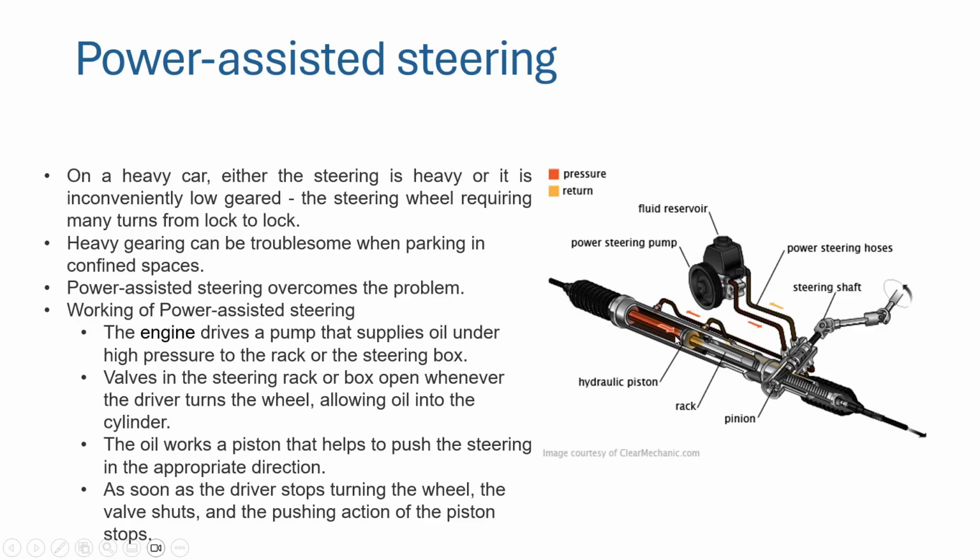So this oil pushed from the reservoir to the piston subsystem produces some extra force that helps move the steering subsystem smoothly with less effort. As soon as the driver stops turning the wheel, the valve shuts. That means it closes and the pushing action of the piston stops. So this is how the power assisted steering system works.